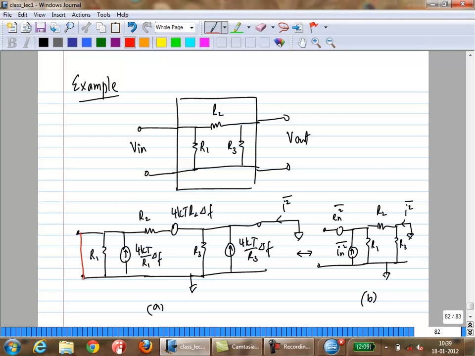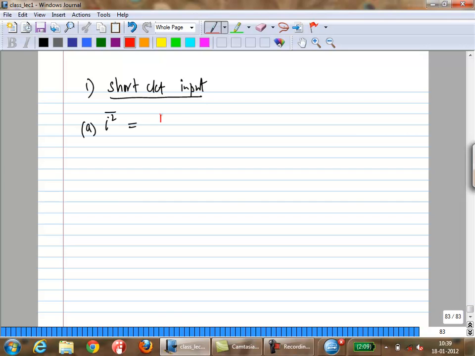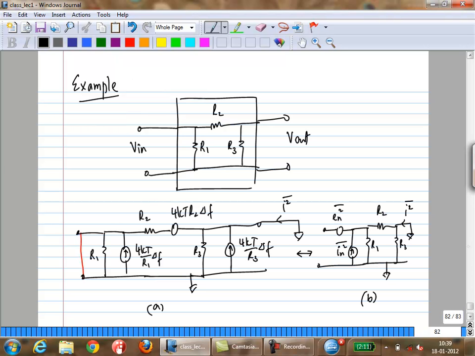That flows completely through the output, right? So you're definitely going to have one component that is one component of the noise current. How about this noise voltage?